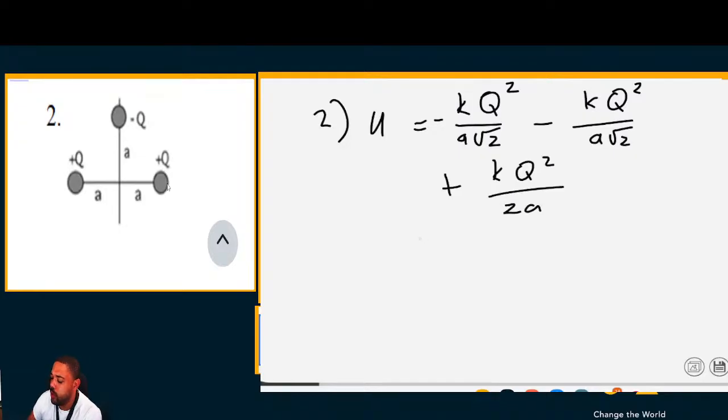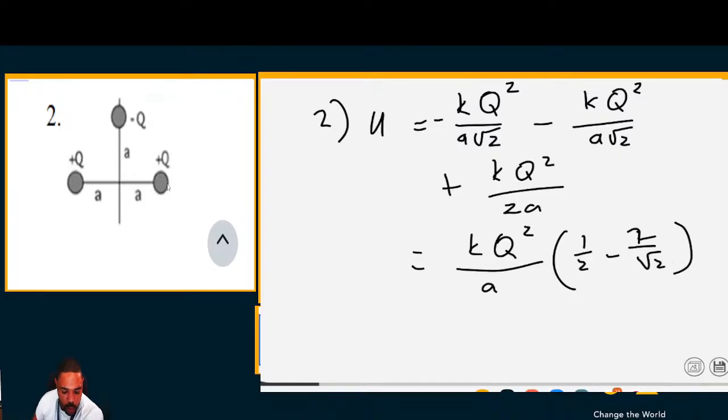Now if we take out a common factor, k Q squared over a, which is the same as we had before, you multiply it by a half minus 1 over square root 2, or rather 2 over square root 2.